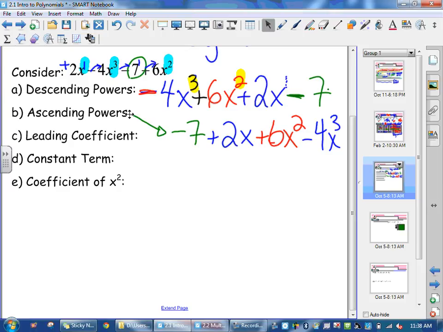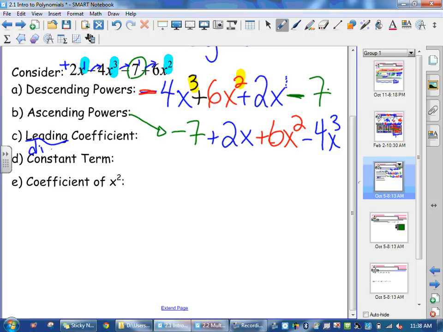All right. Letter C says leading coefficient. We need to know what the heck that means first. Leading coefficient. Leading means in front. And so does co. So what is a leading coefficient? It is the digit in front of the variable with the largest exponent.